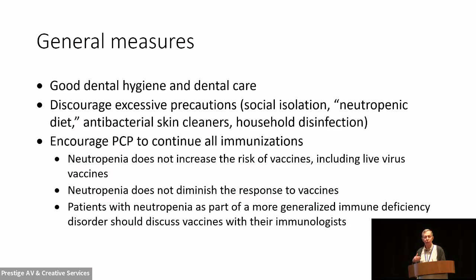But I find kids way behind in immunization schedules, and there's no reason for that with neutropenia. Neutropenia does not diminish the response to vaccines, and it doesn't increase any risk from vaccines. Patients with neutropenia as part of a more generalized immune deficiency, of course, should discuss vaccines with their immunologists.